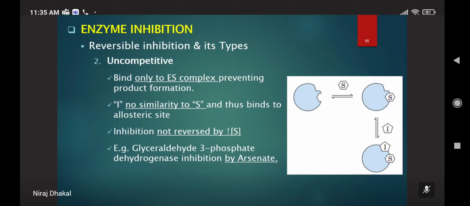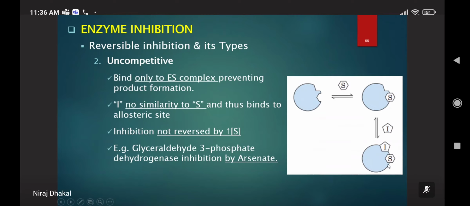The inhibitor binds to another site in the enzyme, whereas substrate binds to the active site due to their structural difference. So when inhibitor binds, the enzyme cannot function properly.